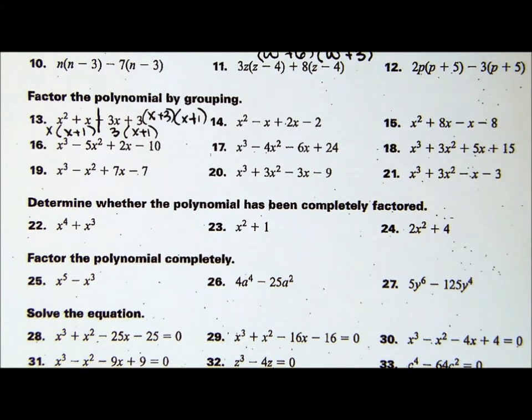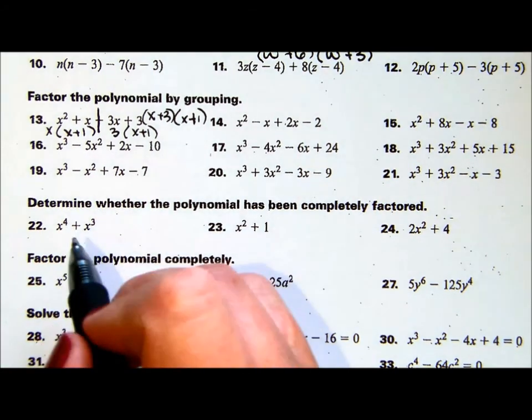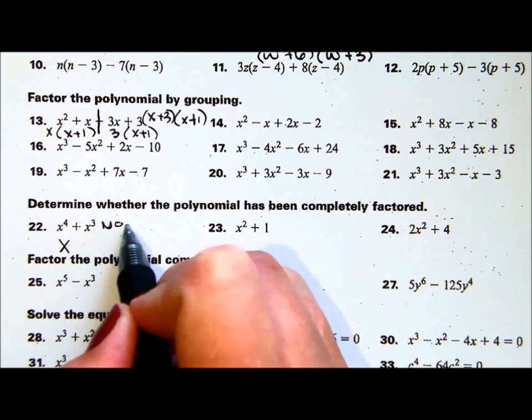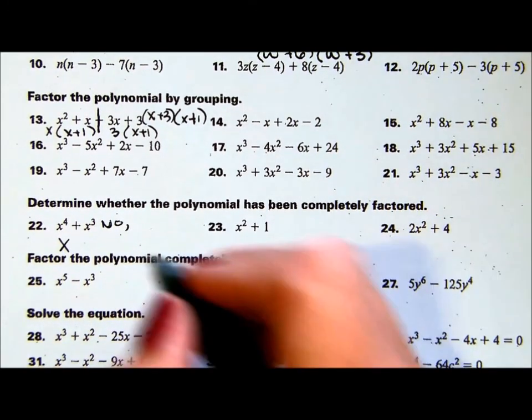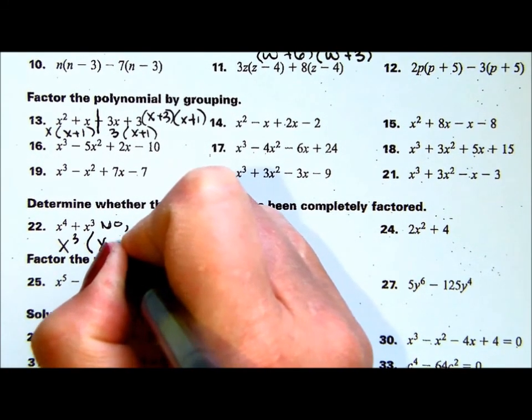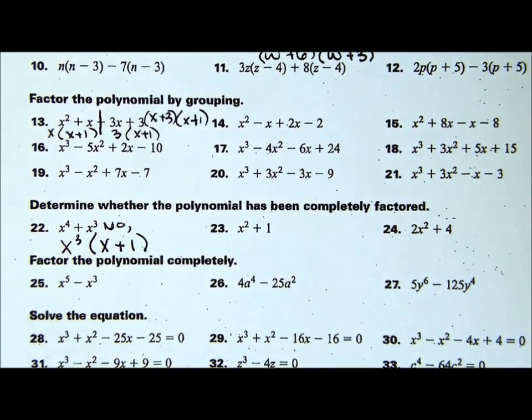They both have something in common that we can pull out as a common monomial. And in this case, that is x to the 3rd. So if I take out my x to the 3rd from each, I'm left with an x and then a plus 1. So I'm going to write no, x to the 3rd, and then x plus 1 following. This would be my final answer.